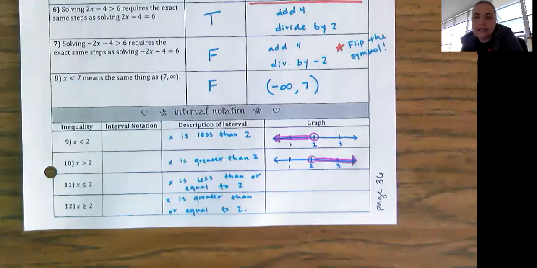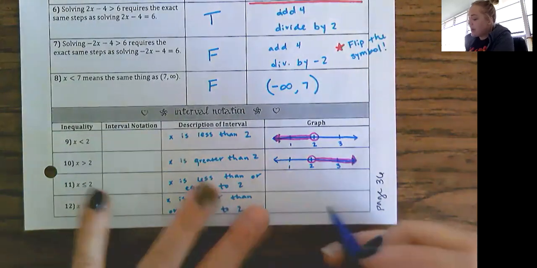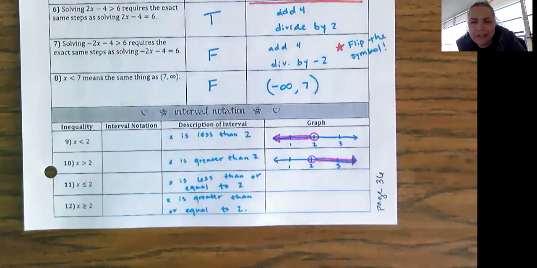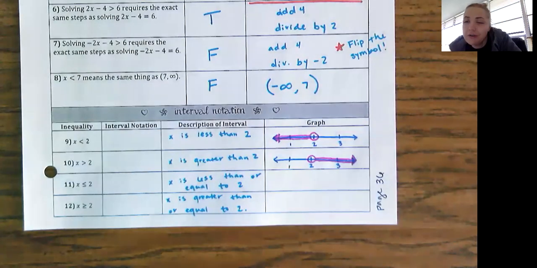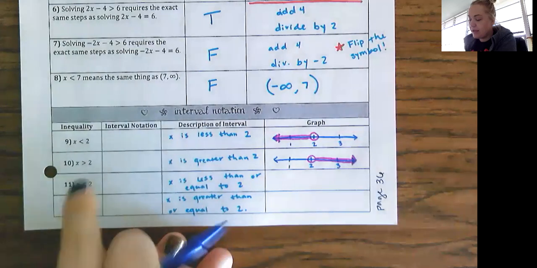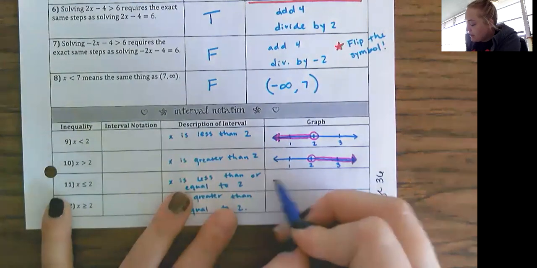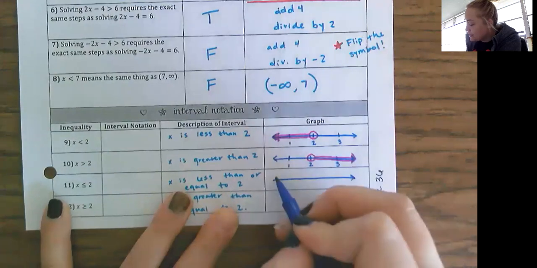It just exists above the number 2. By the way, sometimes I get asked, why don't we just fill in 3 and above then? Well, technically there are solutions between 2 and 3, like 2.1 and 2.2 and 2.3. And you can get infinitely close to 2, but you never actually can have the exact solution at 2, according to this inequality.